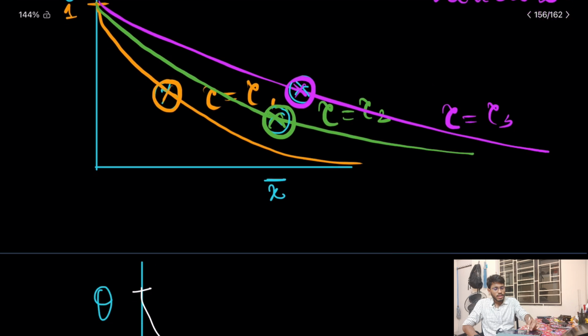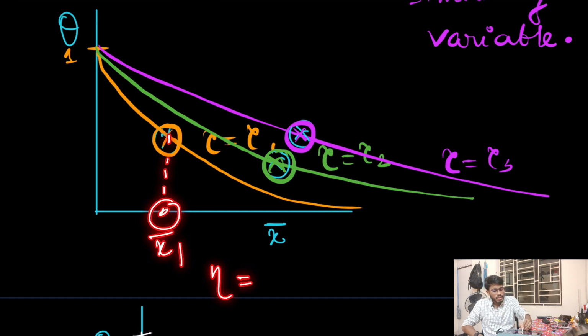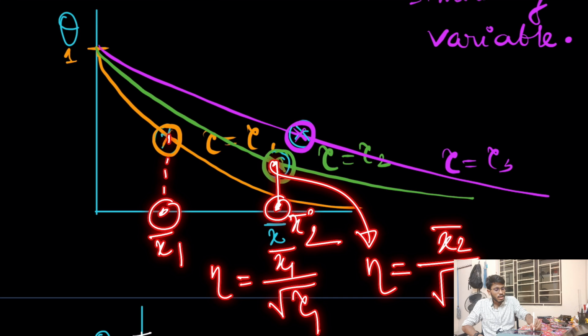Now you can see for this point, maybe this is your x bar 1, so your eta will be x bar 1 by root tau 1. For this point your eta will be, maybe this is your x bar 2, x bar 2 by root tau 2.